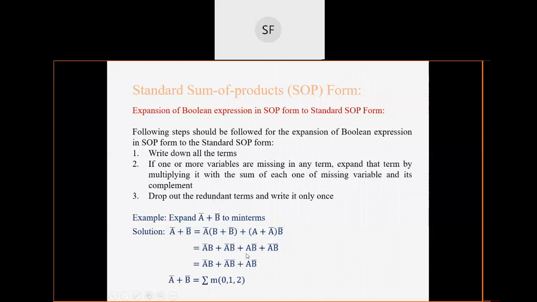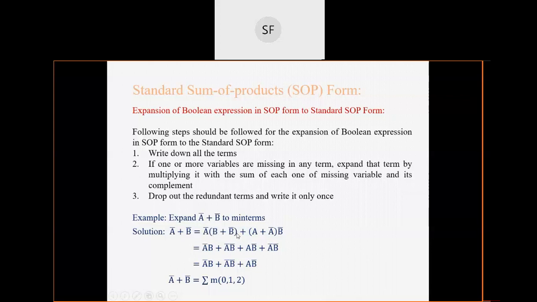Now in this case, you can observe a very small example. You need to find out what the minterms are. But in order to find minterms, you should first write this expression in standard SOP form. So we have observed that it is A bar, it is B bar. Two terms are present, but this is a function of two variables, because you can observe A and B. In the first term B was absent, and in the second term A was absent.